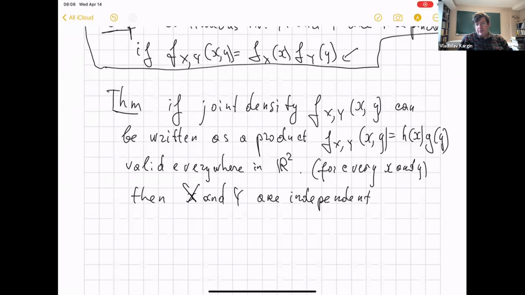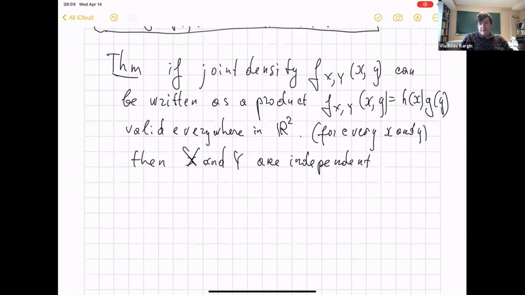So what does it mean? Look at this example.